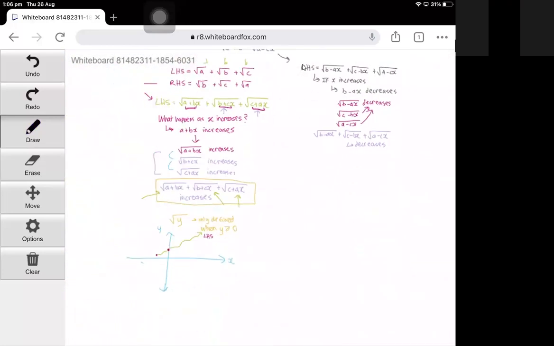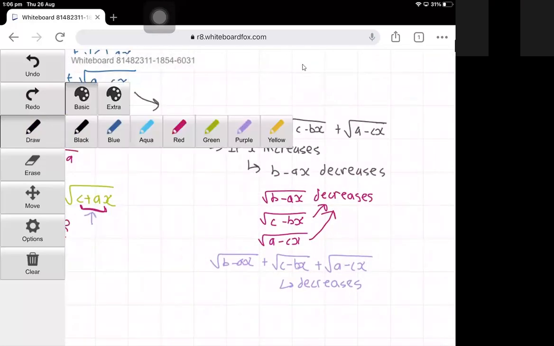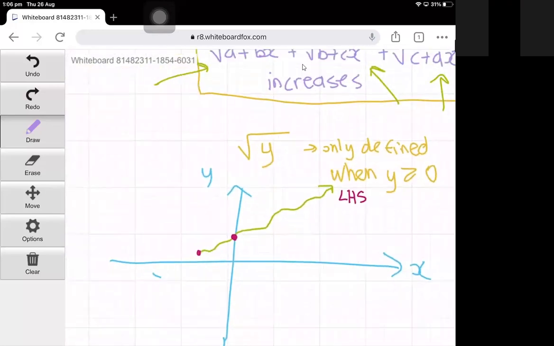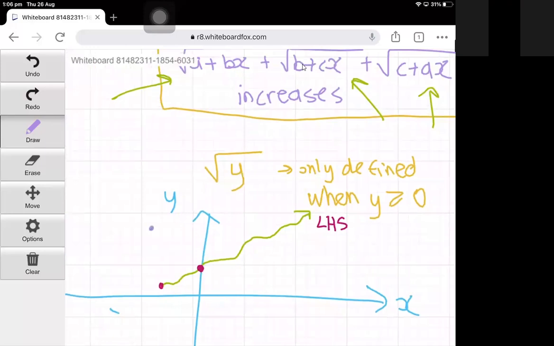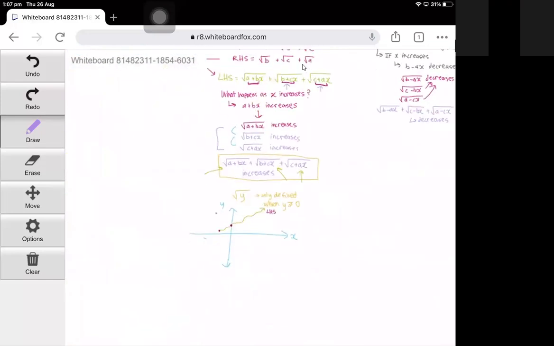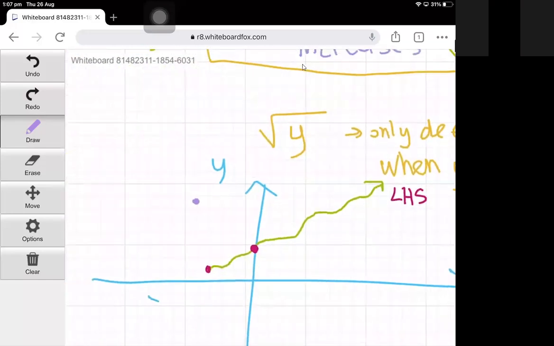So what does the graph of the right-hand side look like? It might start somewhere up here. In fact, it doesn't start up here, it actually goes forever in this direction.